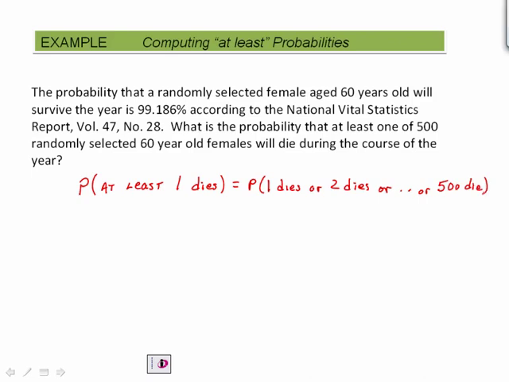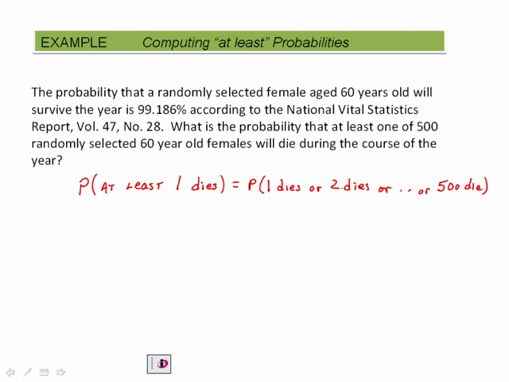Each of those possibilities is disjoint, because you can't have one die and two die at the same time. And because they're disjoint, I could compute the probability one dies plus the probability two dies plus the probability three dies, plus all the way to 500 dying.